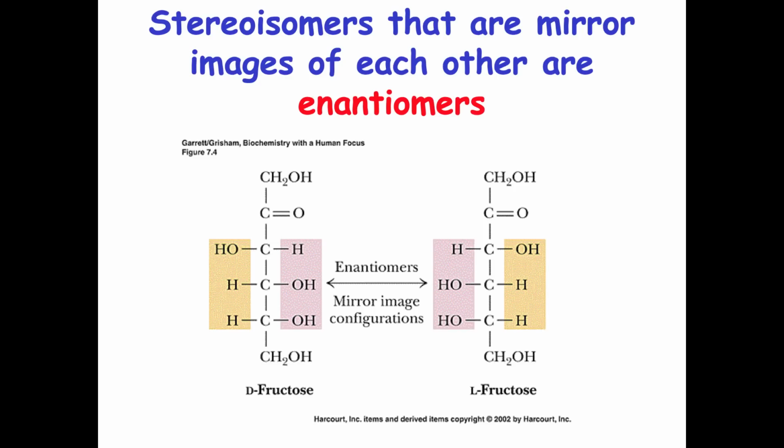There are a number of specific terms that we use to describe stereoisomers and their relationship to each other. When we have stereoisomers that are mirror images of each other, we call these enantiomers. D-fructose and L-fructose shown here are mirror images, or enantiomers, of each other.